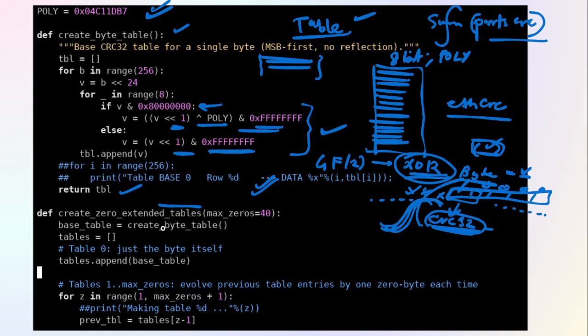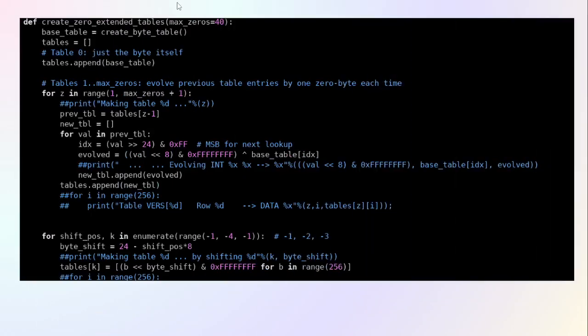So we will zero extend, and for the zero extended table in our case, we will create a table of tables. We will start with the base table, which is evolved by zero zeros behind it. Then we look at how many zeros we need, and we will go ahead and create those tables.